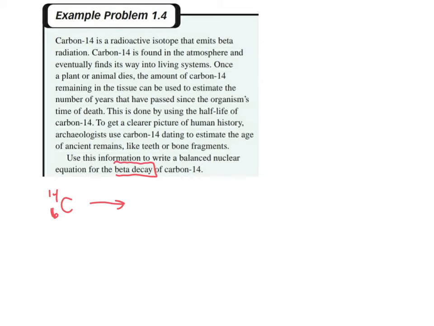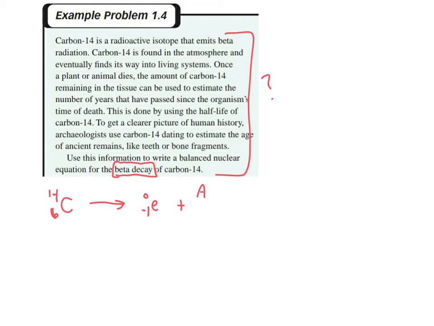As soon as you see, guys, any information there, alpha, beta, gamma, you need to go to your data booklet and remind yourself what those particles look like. So beta decay will lead to a beta particle, which means an electron being released, and some other product. At this point, we don't know. There's no information in here that tells us which element it decays into. So once again, we're going to have to figure that out.